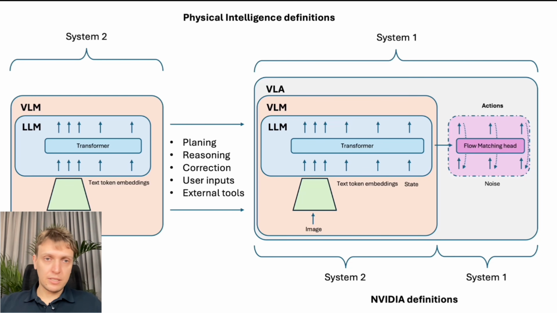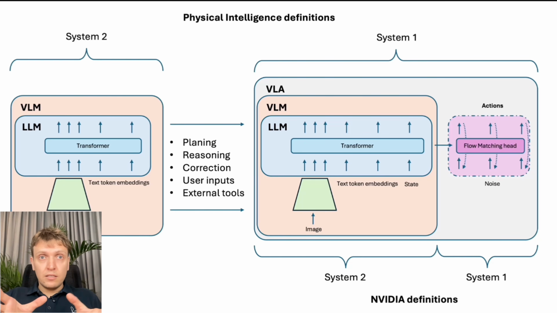And again, you can use the same VLM, or you can use a completely separate model. For example, in case of DeepMind Gemini Robotics, they have two completely different models. One model is in the cloud and uses Gemini for this reasoning, and another one is a VLA that is working on the robot. I think they don't use the names system 1 and system 2, but their separation is aligned with what I think is a correct definition.